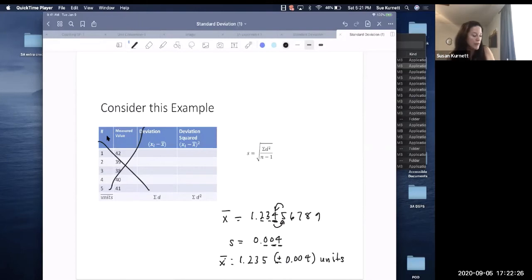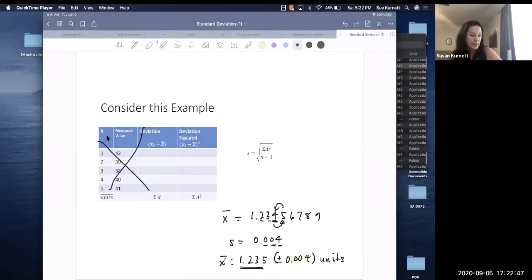So this would be a value that most things, if we did replicates, if we did more trials of the same idea, we would expect to be the average that showed up. But things could be minus 0.004.